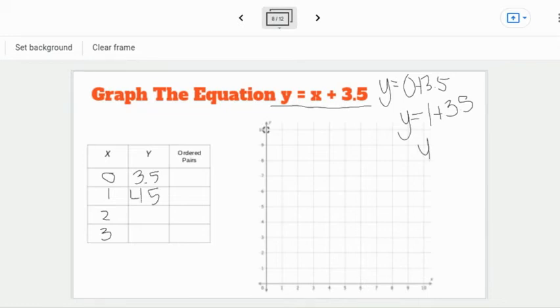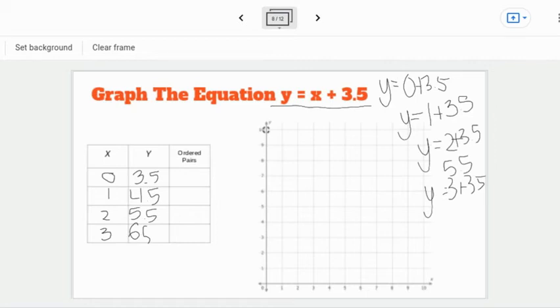Okay, we plug in a 2. y equals 2 plus 3.5. Well, 2 plus 3 is 5, so 5.5. And we plug in a 3. y equals now 3 plus 3.5. Well, 3 plus 3 is 6, so 6.5.